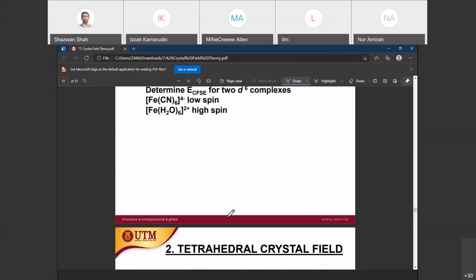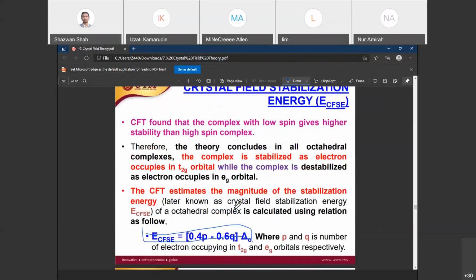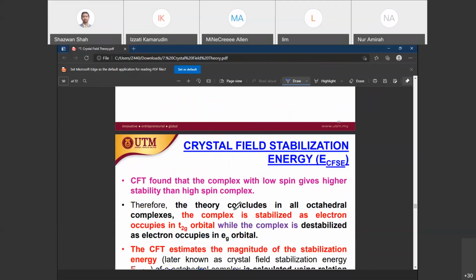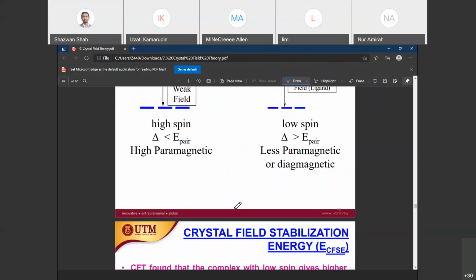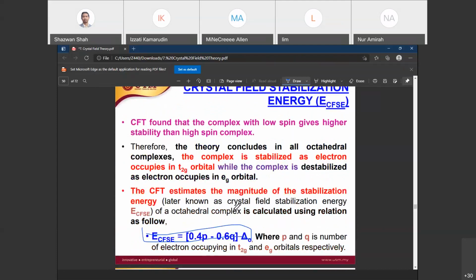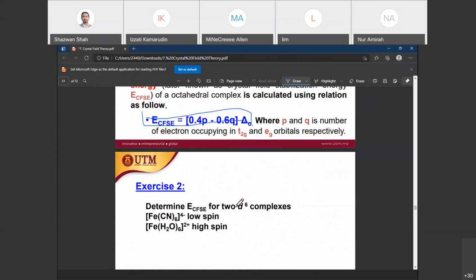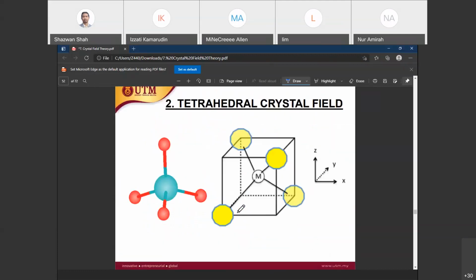So we can use very different kinds of units to describe the stabilization energy. There is no fixed unit; depending on the question, they can ask you to write the unit maybe in dq, or maybe in kilojoule or kilojoule per mole.